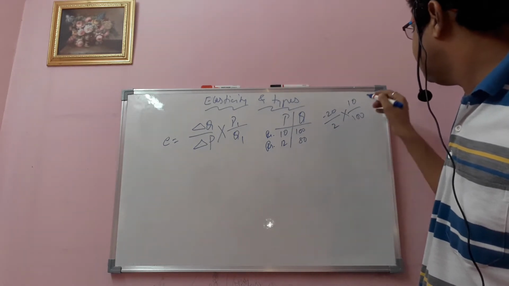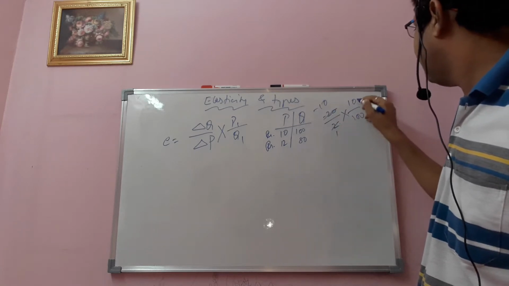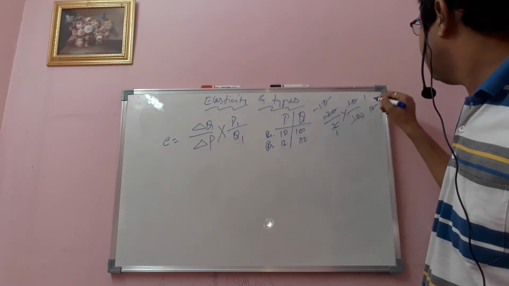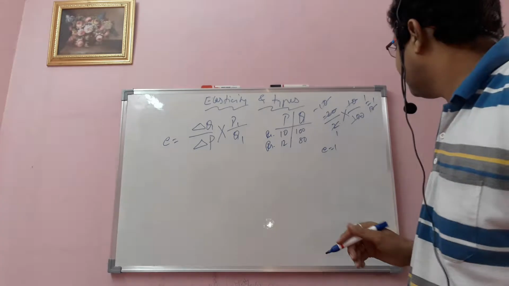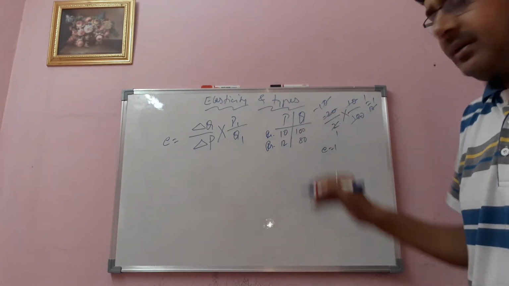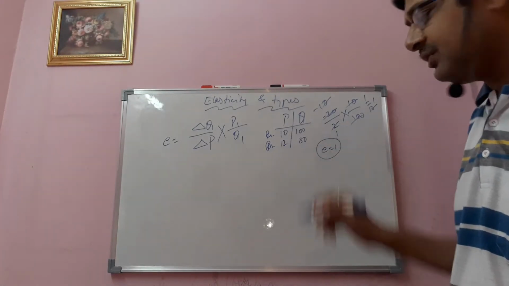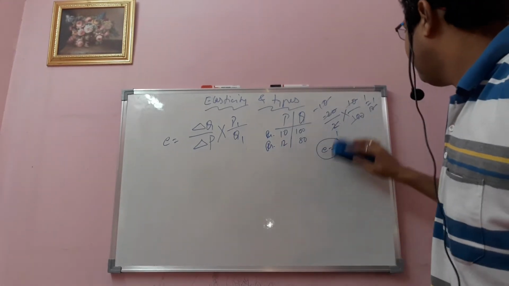Now we calculate: 2 ones are 2, tens are 20, and 10 ones are 10, 100 tens are 1000. So elasticity is equal to 1. Because the proportionate change in quantity and price is exactly the same, we have got elasticity equal to 1. Let us try to understand it with different numericals.